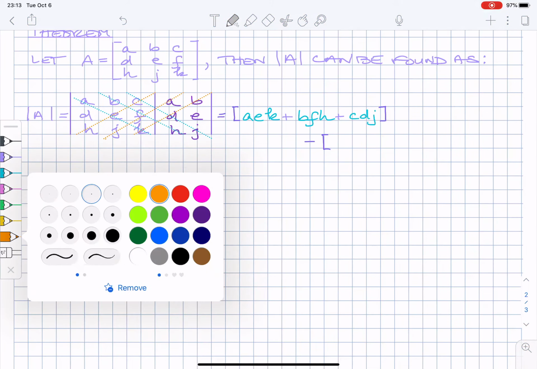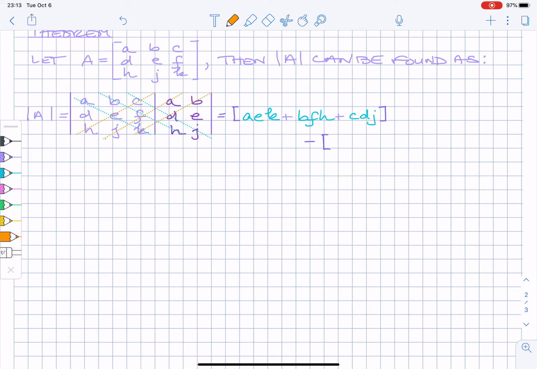So we're going to subtract from that now CEH plus AFJ plus BDK.